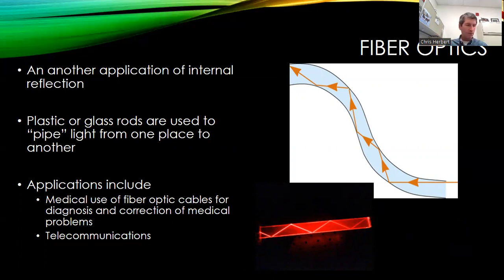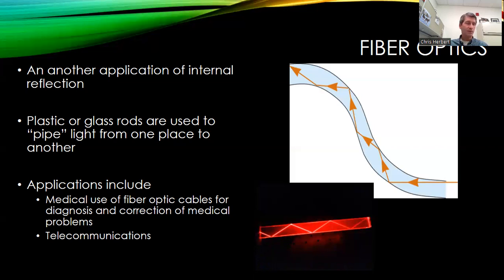Light pipes are used whenever you don't need to send high quality information. Light pipes are used in a variety of different displays. I should have put down some pictures of it. Certain Christmas displays will have plastic fibers coming out, and you can see the light being shown down the fibers.